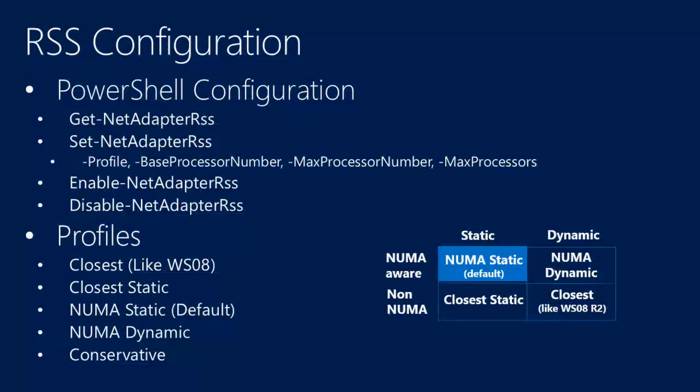This is important if you want to isolate your traffic on a certain set of queues and you want to affinitize, say, an application's processing on another set of queues. That way, they never conflict. So let me jump into the demo. And then Enable and Disable-NetAdapterRss do what they imply, with a parameter.